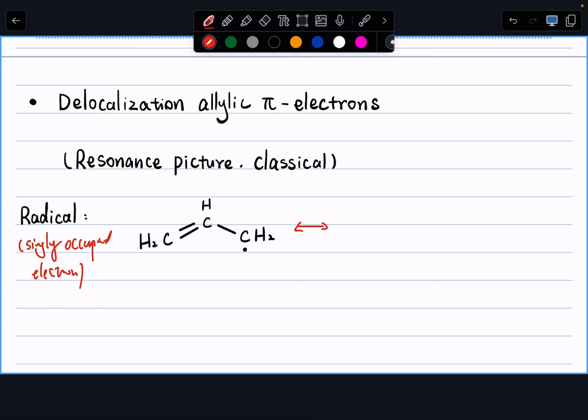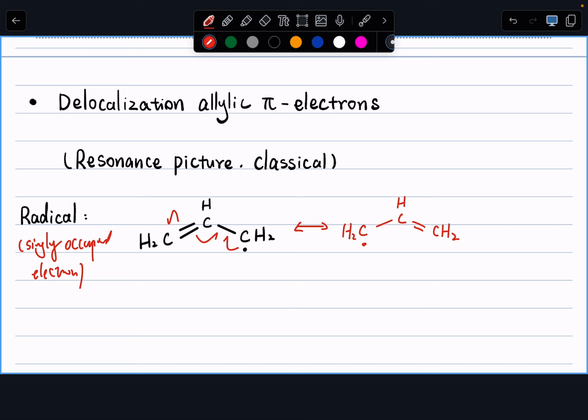With arrow pushing, we can imagine the electron in the double bond pairing up with that singly occupied electron to form a new double bond on the right-hand side, and the other one gets pushed to the left carbon. So we can write the resonance structure so that my radical is on the left carbon instead of the right one.